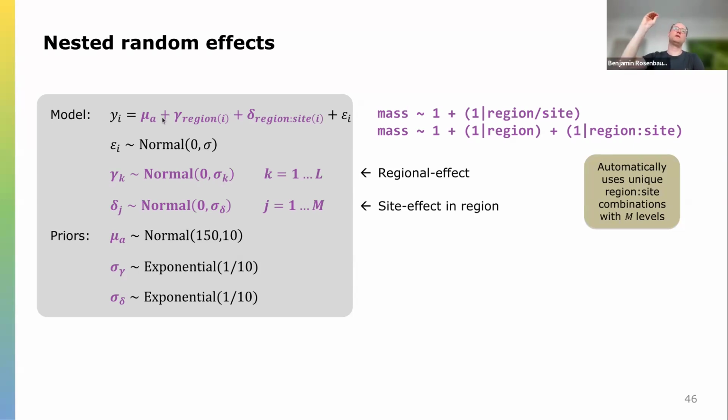So from the overall mean, there is a region-specific deviation, and then additionally, there is a site-specific deviation from the region, which you could write here as if we had a predictor, which is the interaction between region and site, we can just write it like this. So here, first the region level deviation, and then plus the site level variation, which is nested in region. And otherwise, it looks completely the same as the crossed before.